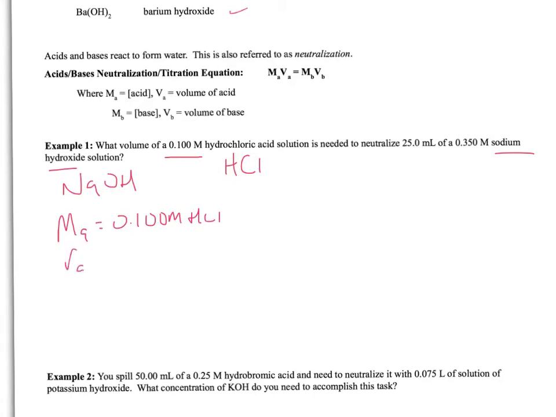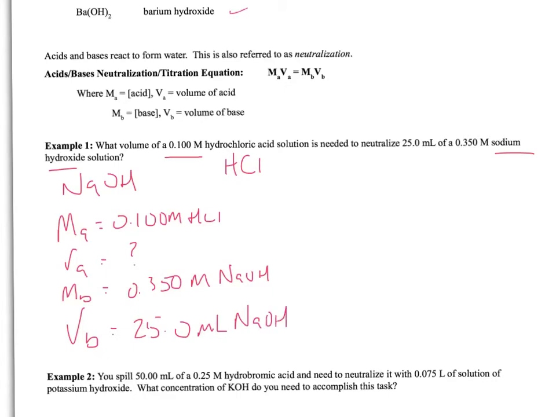The volume of the acid is what we don't know. The molarity of the base is 0.350 molar NaOH. And the volume of the base is 25.0 milliliters of NaOH.